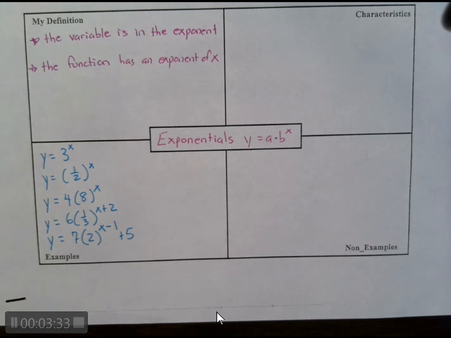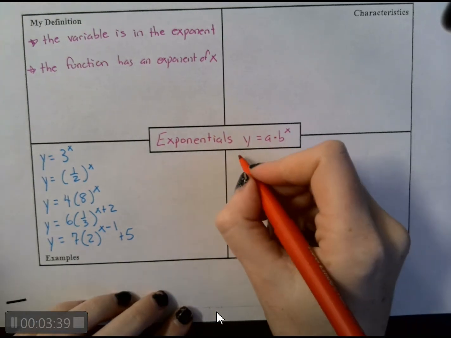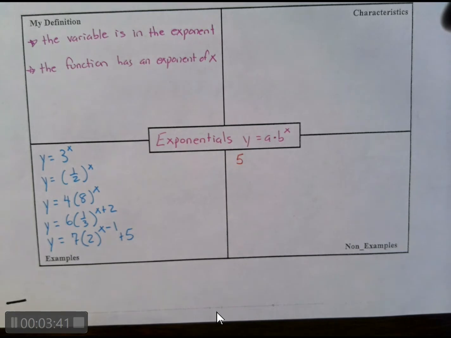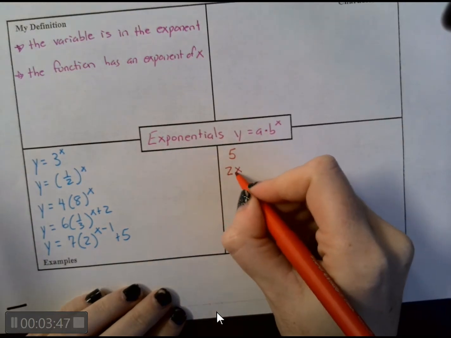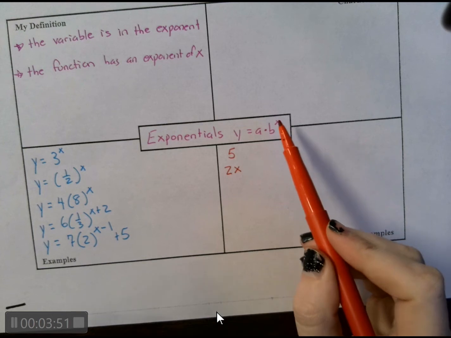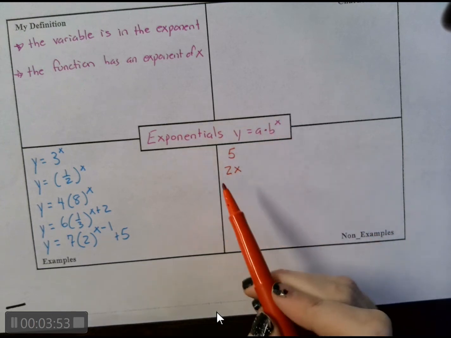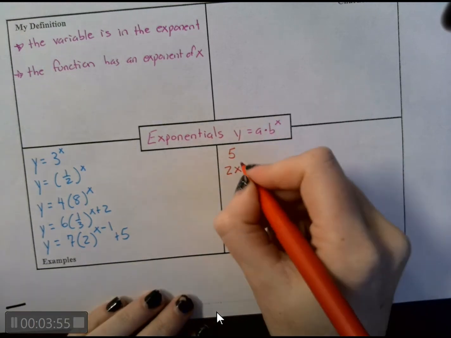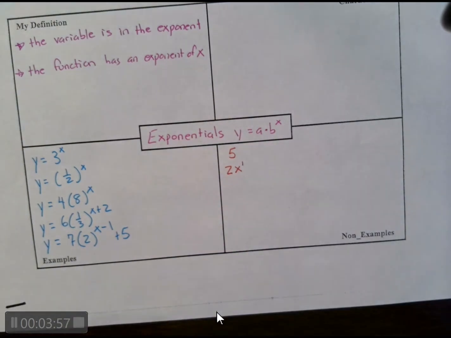What is not an exponential function? Well, any number, a constant, is not an exponential function, like 5. That's not an exponential. Or 2x, because we have to have an x in our exponent. Well, this has an exponent of 1.